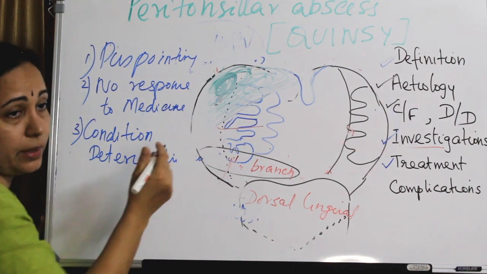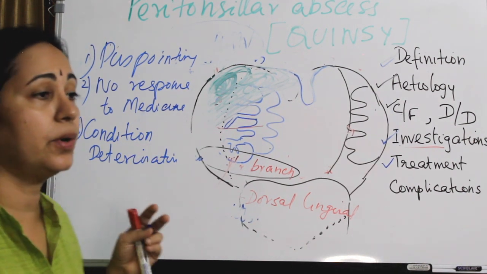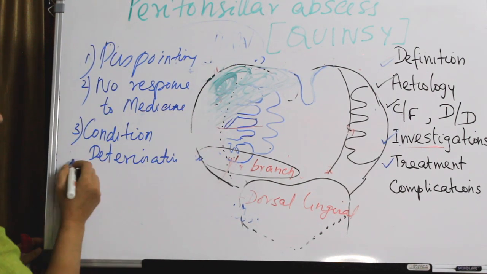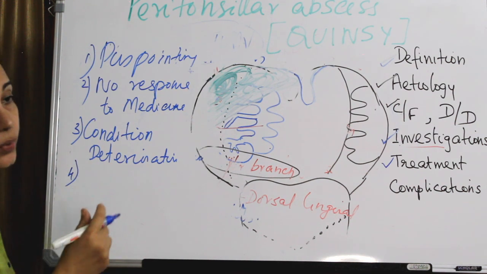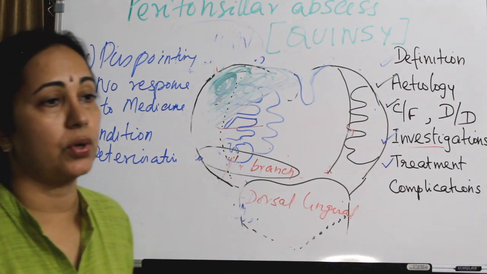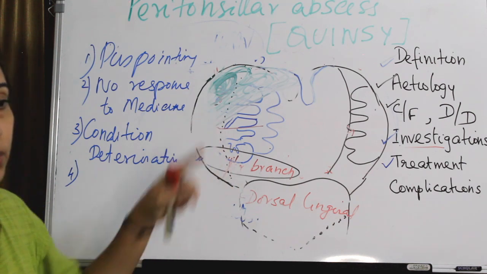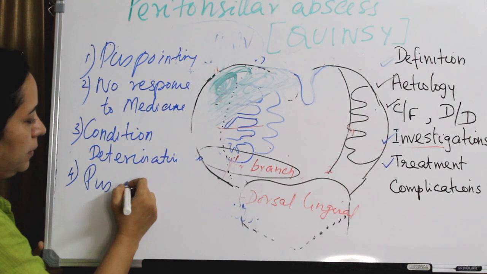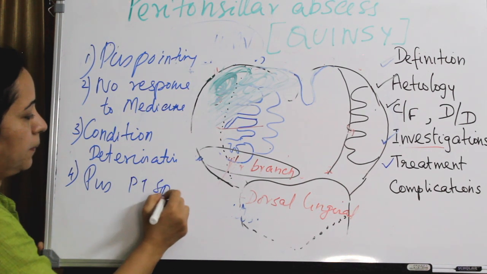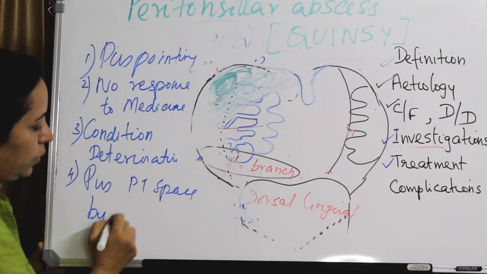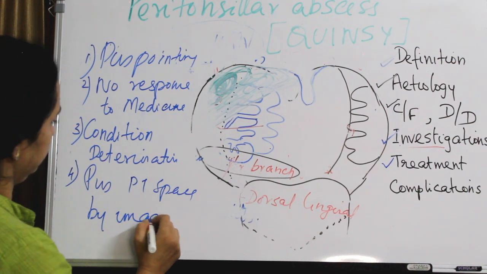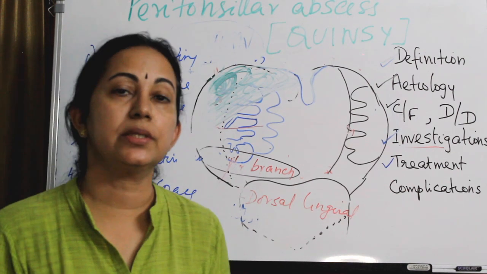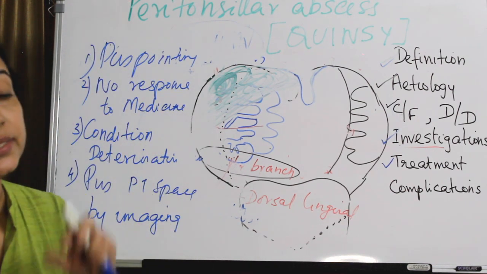Even after you are giving IV antibiotic according to culture sensitivity, even then the patient is deteriorating, go for an incision and drainage. Or if you are doing some other imaging modality and you found pus in this peritonsillar space. Okay, found pus in the peritonsillar space by imaging modality, then also you can go for an incision and drainage.